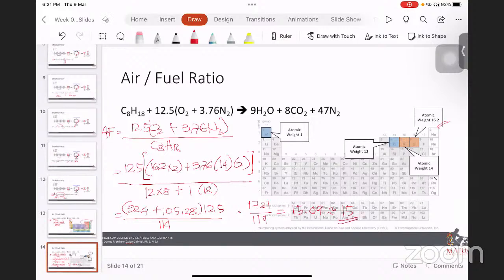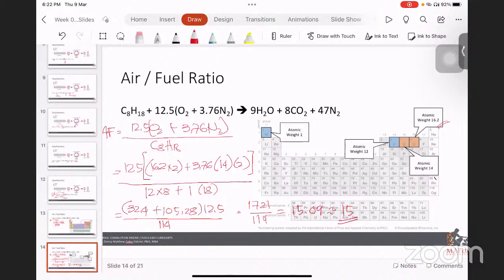So, based sa calculation natin, ang air-fuel ratio ay 15, which means you would need 15 units of air to be able to have a complete combustion of your 1 unit of fuel. Complete combustion meaning lahat ng fuel mo will be able to undergo the chemical process of combustion. Lahat sila masusunog. Pero hindi naman in reality, hindi naman nangyayari yon.